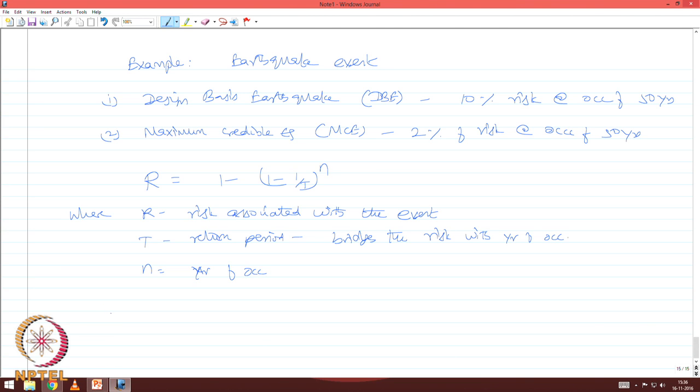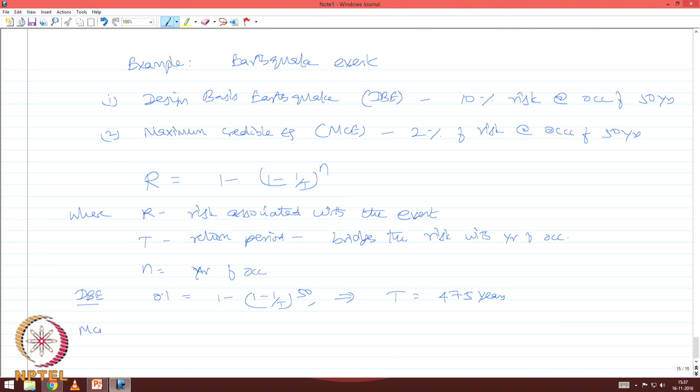So, if I use it for DBE, let us say 0.1 should be equal to 1 minus 1 by T of 50, which implies that the return period of that event is about 475 years.